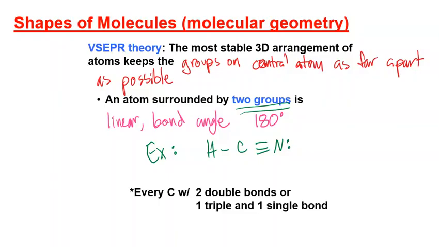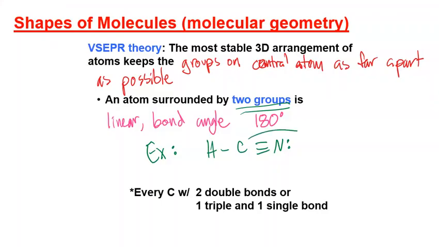We look at how many groups there are around it. Here it has one that's a nitrogen, and the other is a hydrogen. Notice that the carbon is connected to the nitrogen through a triple bond, so it's sharing 6 electrons with it. It doesn't matter that we don't count the number of bonds, we count the number of groups.